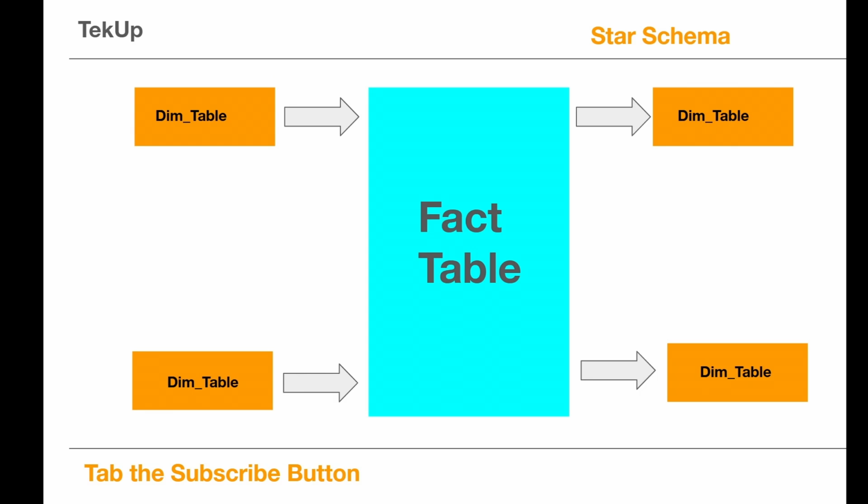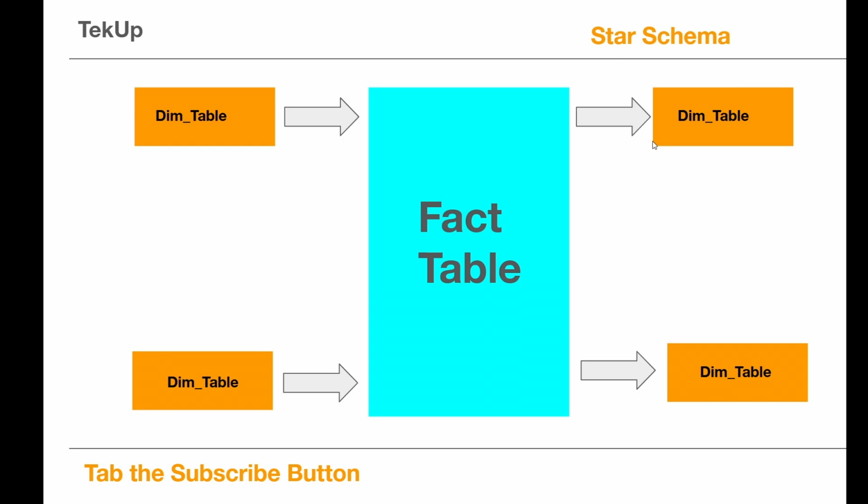Like we mentioned, the fact table contains the measurable and quantitative data, like sales, total sales, cost of goods sold, etc., while the dimensional tables contain descriptive attributes like product, location, etc. The reason why this is called a star schema is because when you look at it thoroughly, you will see that it resembles a star, with the fact table at the center and the dimensional tables hovering on the right and left-hand side.